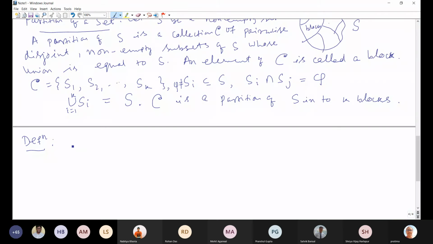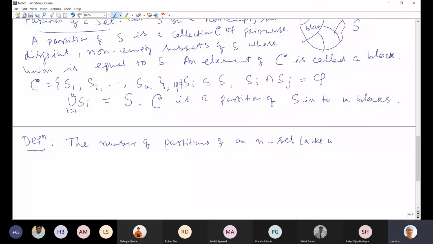So I'll write this down as the number of partitions of an n-set. An n-set means a set with n number of elements, a set with cardinality n. You understand, right?